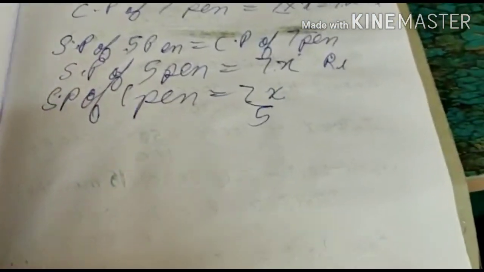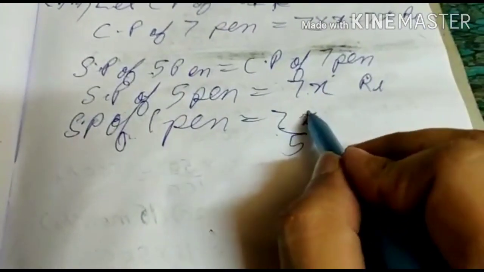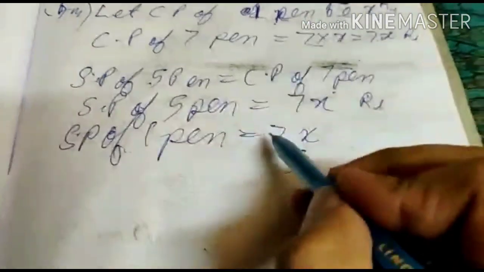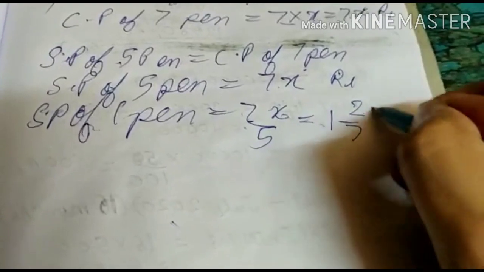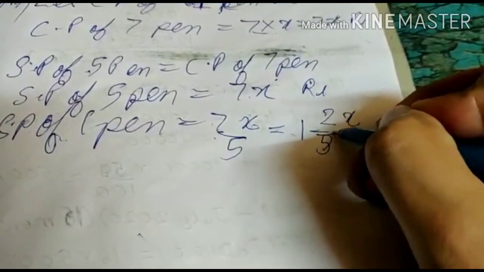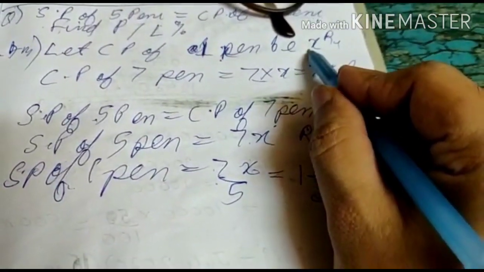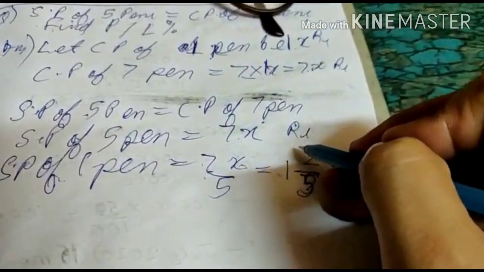So now we have SP as 7X upon 5 and CP as X. This is 1 whole 2 upon 5 X, and this is just 1X.